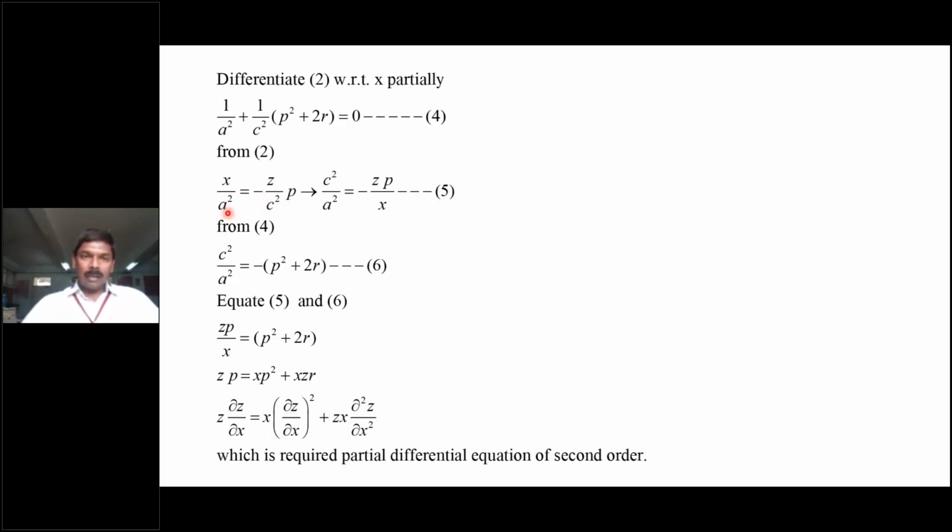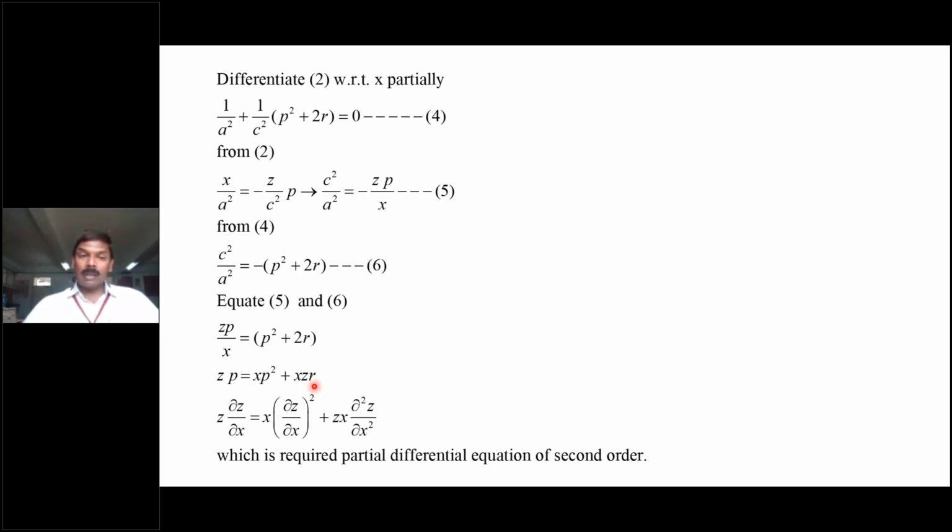After rewriting second equation, we get c square by a square value. And from 4, again I can obtain c square by a square value. So if you compare 5 and 6, LHS part is same, so I can equate RHS part. After equating RHS part, this is the final equation we are getting.